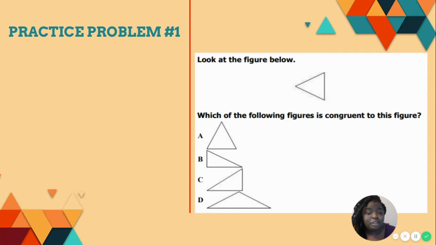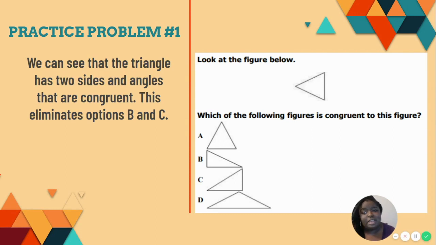So we can't necessarily eliminate an option based off of the amount of sides that the shape has. But what we can look at is our figure. We can see that in our figure, all sides are equal. So if we look at our option choices, what can we find out? Well, we can see that the triangle has 2 sides and 2 angles that are congruent, which is going to eliminate options B and C. We can see here that both of these have 2 sides that are definitely not congruent to each other.